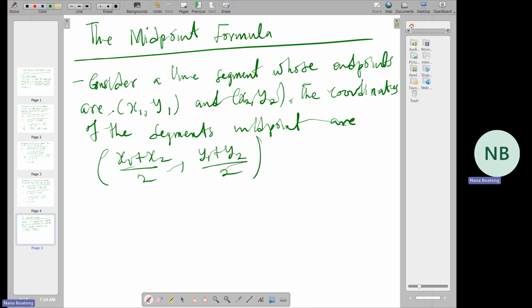Those are the formulas for the midpoint: the sum of the x coordinates divided by 2, and the sum of the y coordinates divided by 2.